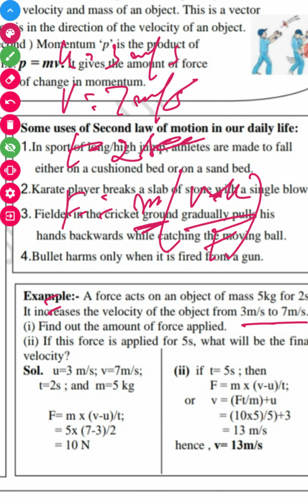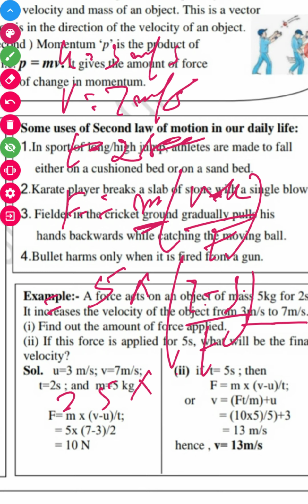Mass is 5, v minus u is 7 minus 3, divided by t. So 5 into 4 upon 2, we have 10 Newton.